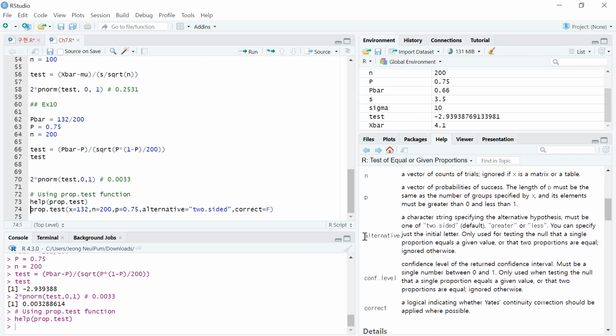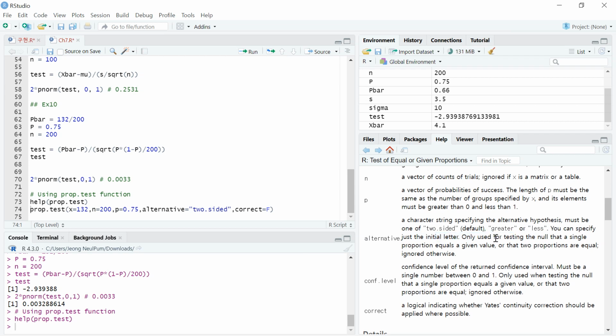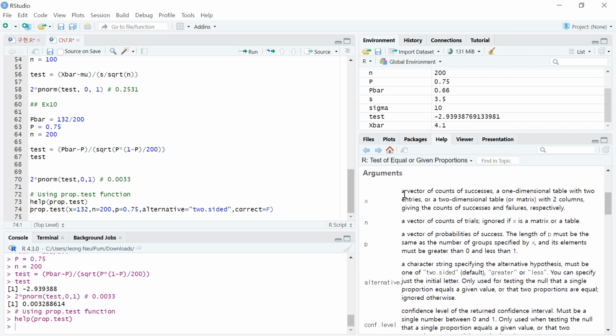In the alternative section, there are two-sided, greater, and less, so you can select among these options. There are also x, n, and p values in this function.